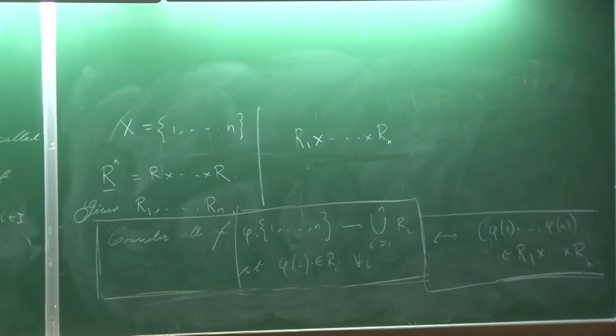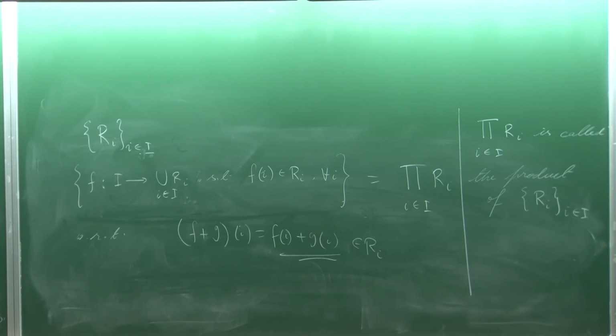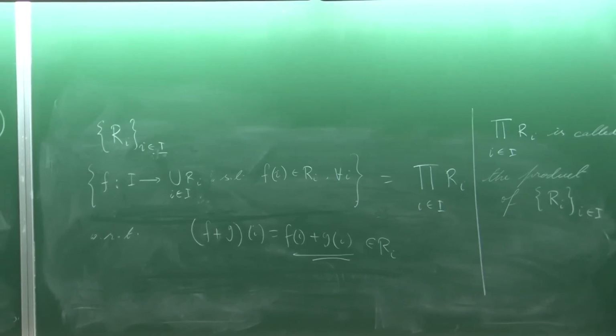As we have earlier seen, given any set X and a ring R, all functions from X to R form a ring, right.